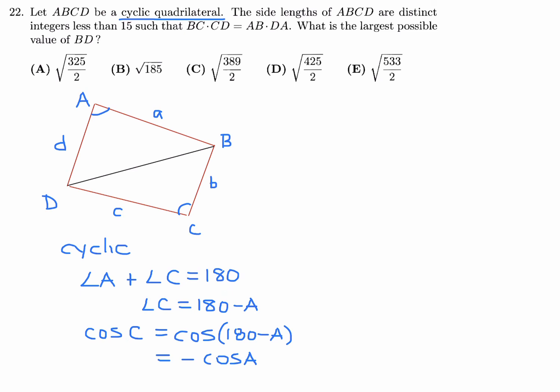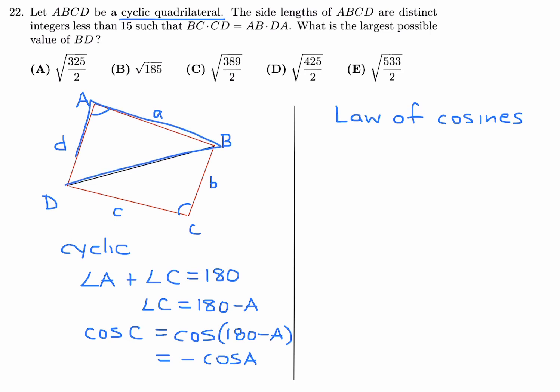add up to 180. So now, on this cyclic quadrilateral, we are going to use the law of cosines, in particular to talk about BD, this length right here that they have asked us for in the question stem. So let's first do this triangle right here, using the law of cosines.